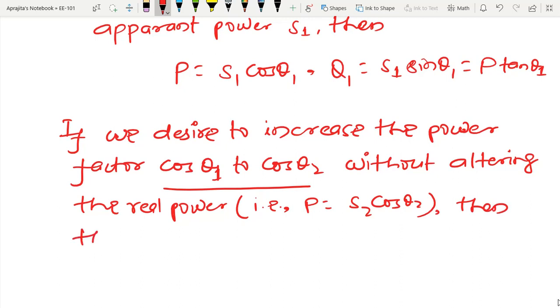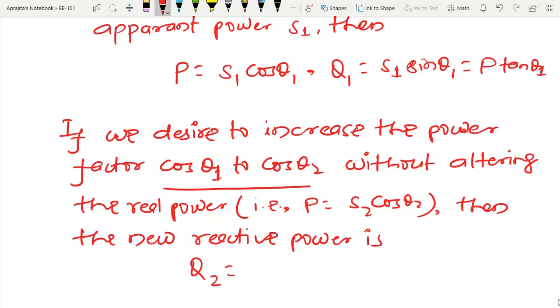Then the new reactive power I can define as Q2, that is P tan theta 2, same as above.